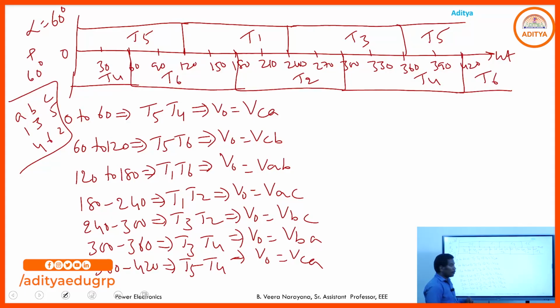So from this, you draw the output voltage waveform: 0 to 60, VCA. Go through that.